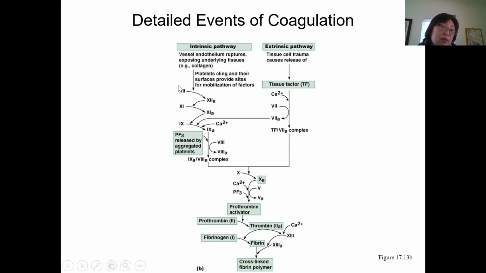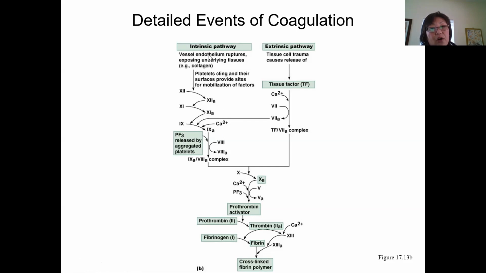But if something triggers activation, you're going to have a cascade kind of activation process. That means one clotting factor's activation will lead to another one, and finally cause the clot formation, okay?